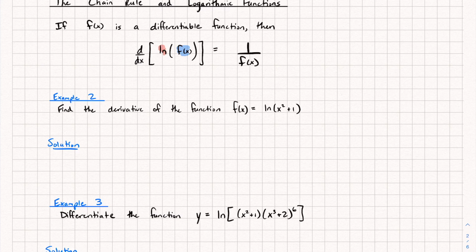And then I would multiply, according to the chain rule, by the derivative of that inside piece. So in short, when you're deriving an ln that has a function on the inside, something more than just an x, it turns out that its derivative is the derivative of the inside over the original inside piece.